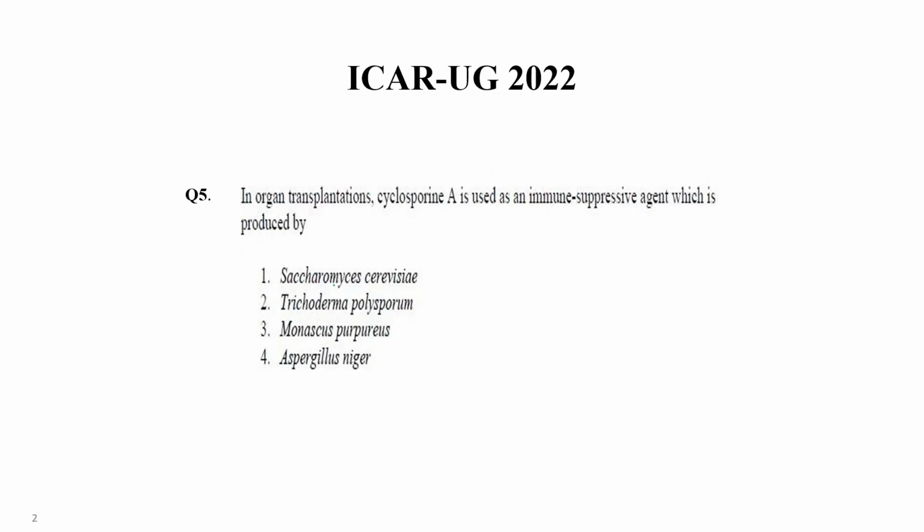Question number 5. In organ transplantation, cyclosporin A is used as an immunosuppressive agent, which is produced by Saccharomyces cerevisiae, Trichoderma polysporum, Monascus purpureus, or Aspergillus niger.